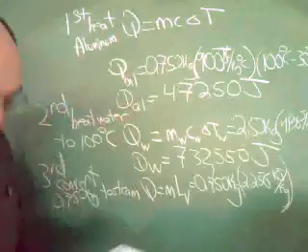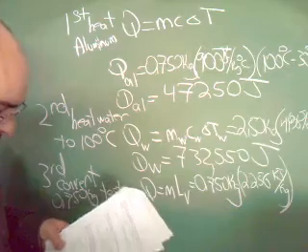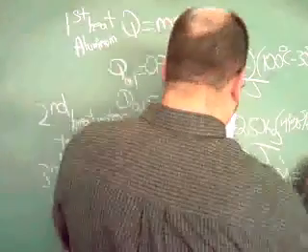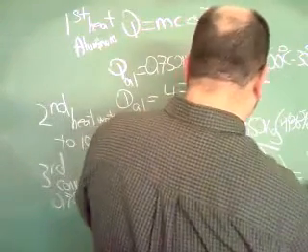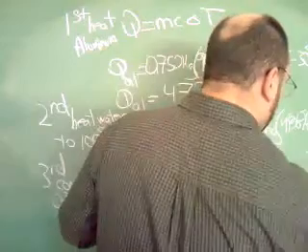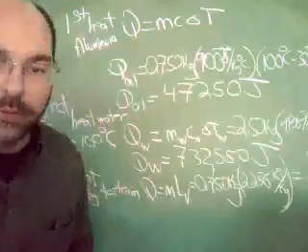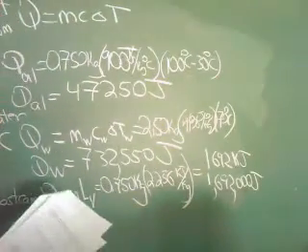So I'm going to get an answer here in kilojoules that I'll then have to convert into joules. The answer in kilojoules is 1692 kilojoules, which is 1,692,000 joules, sorry, that we had to add.